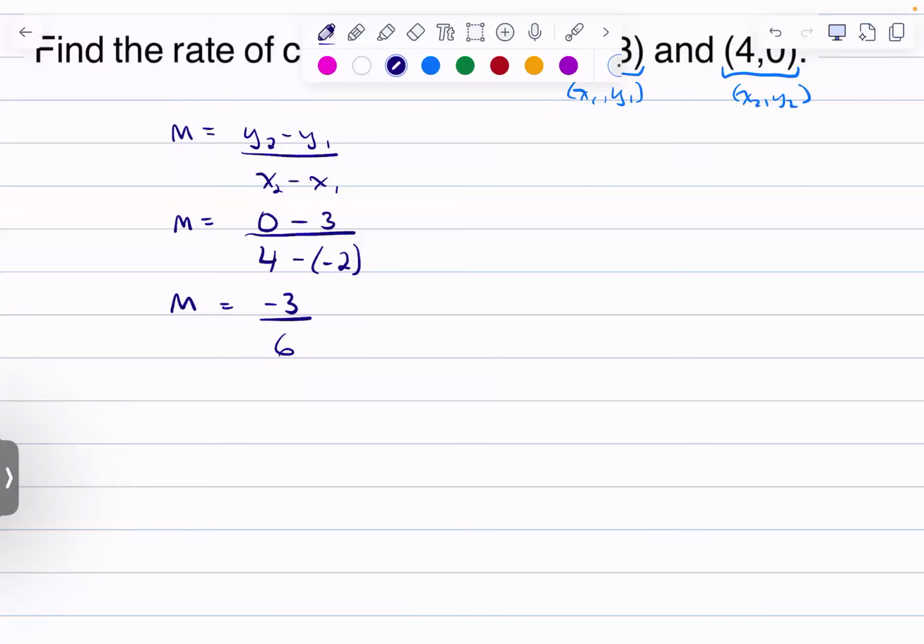Your calculator, which is part of the reason you have these fancy calculators, if you put in -3 divided by 6, and then hit equals, it should just simplify it for you, -1/2. And so they're the same in terms of a decimal. But your fancy calculators will just simplify it for you, which is the reason why I don't really care either way. So if you jump to the simplified version, fine, but I'm just going to keep it here.